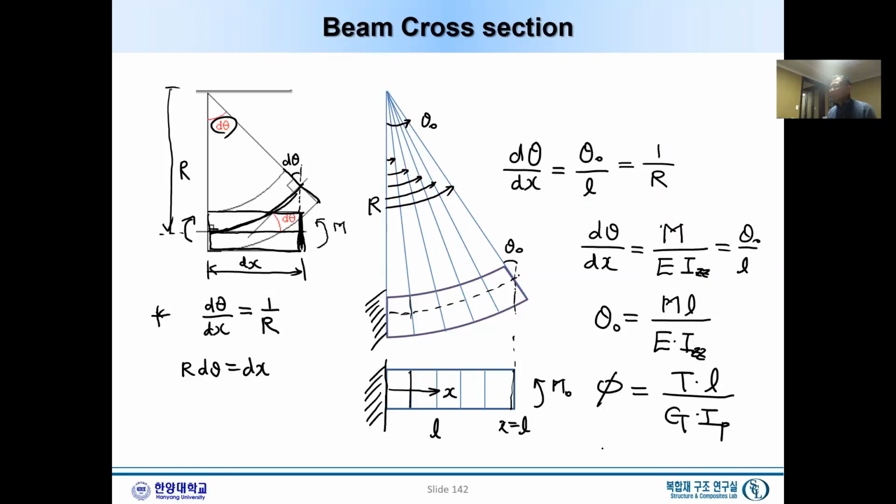And for the bar, delta was the deformation, with the force P, L, E, and A. And these are three equations for the deformation for each case: beam, shaft, and bar.